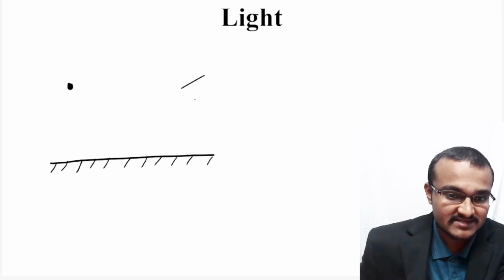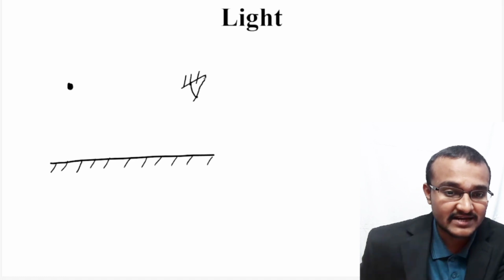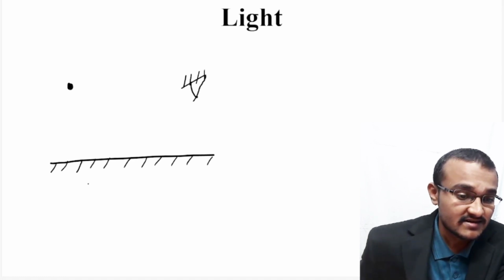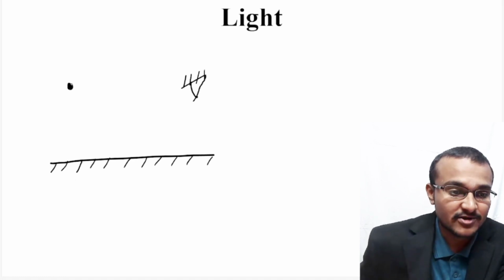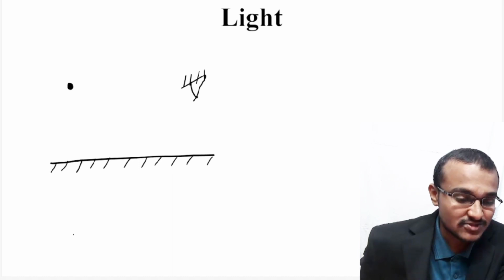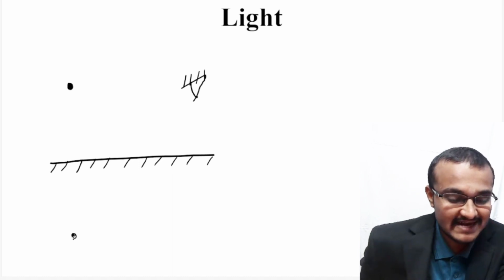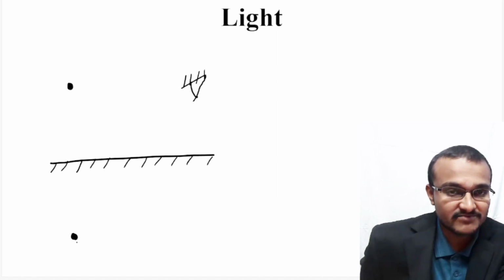So let's say your eyes are here. So let us assume this as an eye, and you are observing the reflection of this particular object. So you will see the object at the same distance on the other side of the mirror.